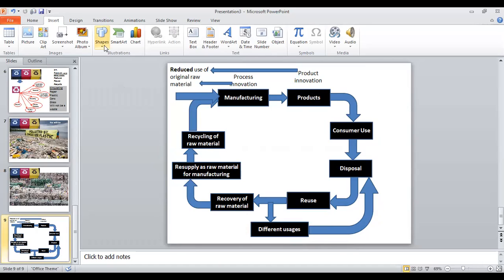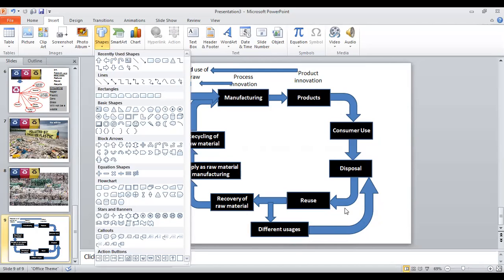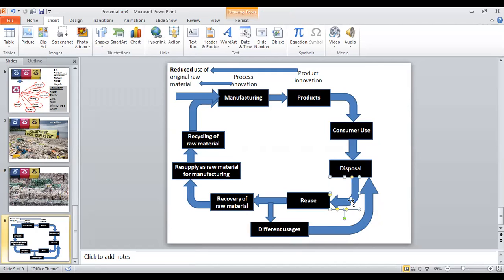But if no choices, we can say ultimate disposals, but we have to make this somehow.